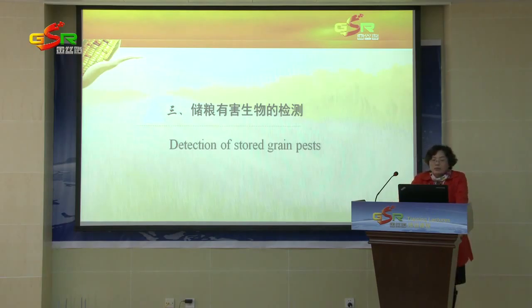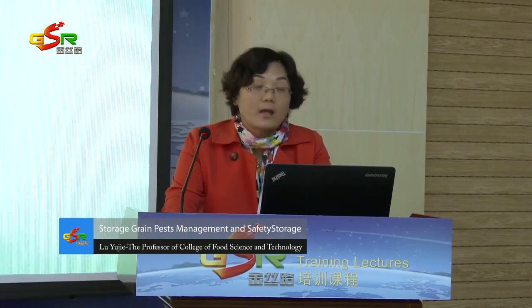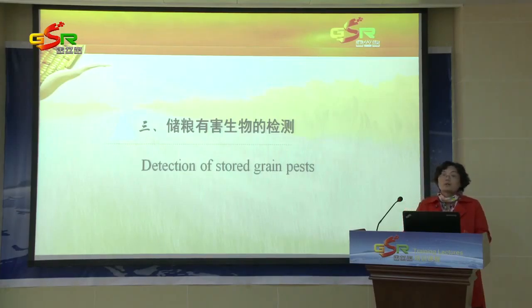The third we know is the detection of the stored green pests. This means how to detect them when they infest. You know, the real world is very large. We can see them, especially the mold.